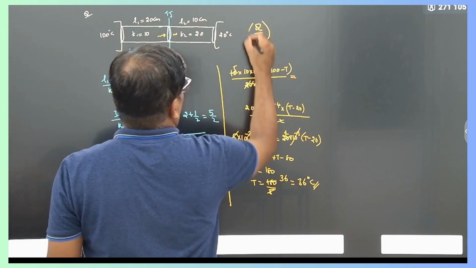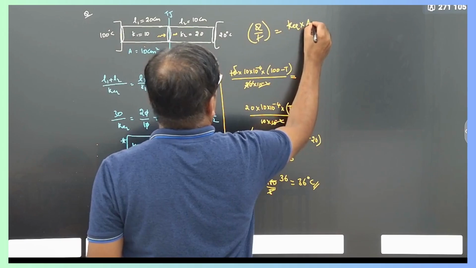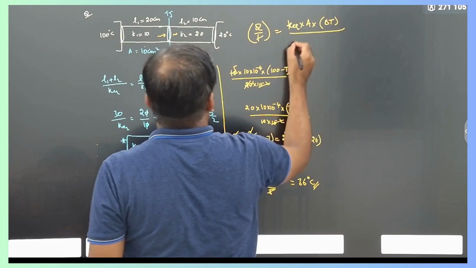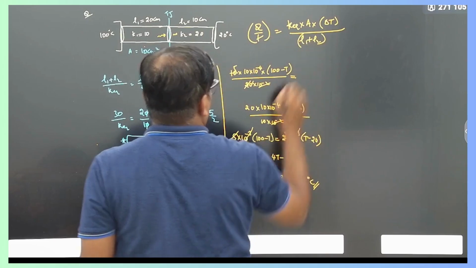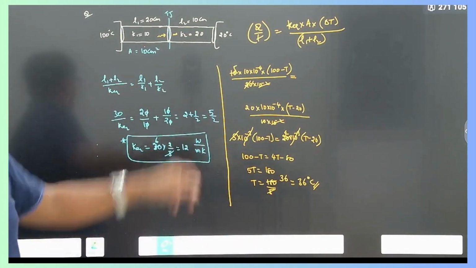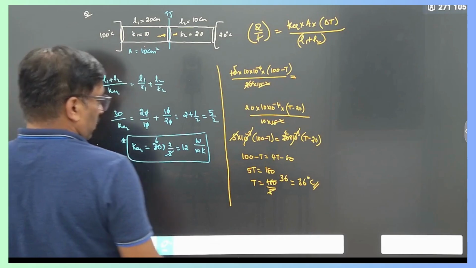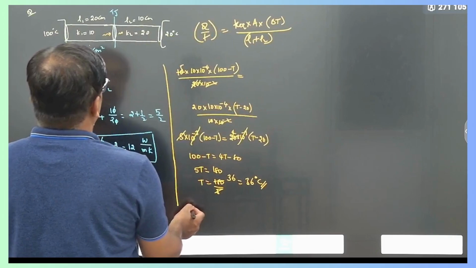That is nothing but K equivalent into area of cross section, into total temperature difference Delta T, divided by the length, therefore L1 plus L2. In this way we can calculate the rate of flow of heat energy. Now let us see how much the rate of flow of heat energy is for this question.